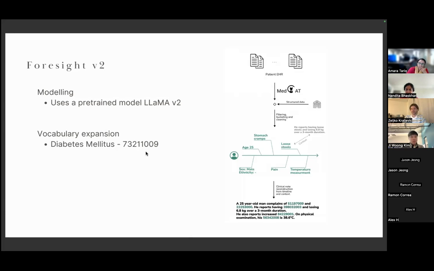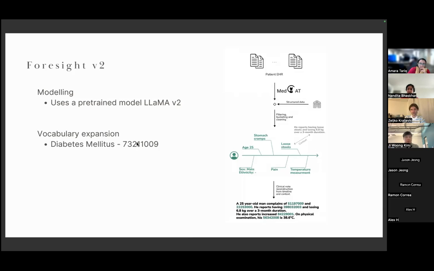But this had to be done in a specific way, because normally when you add tokens into the vocabulary, you set the embedding of the token to be the average of the embeddings of all tokens. Here that didn't really work. The model was unstable, and the training loss didn't go down.